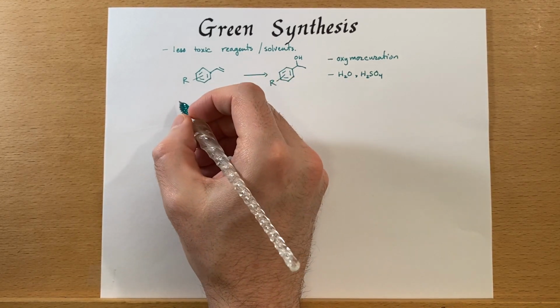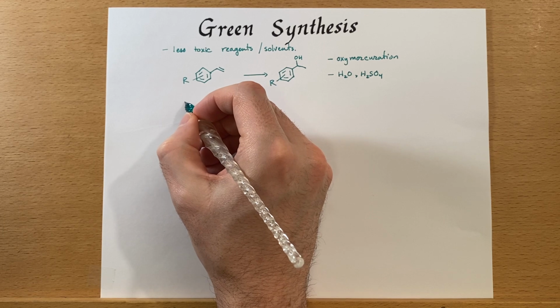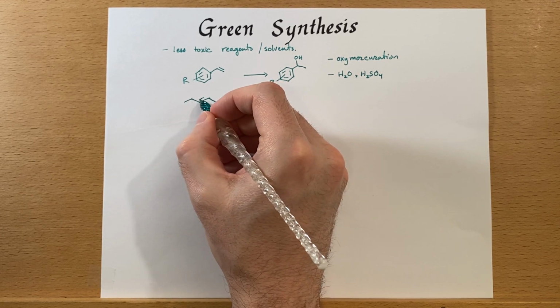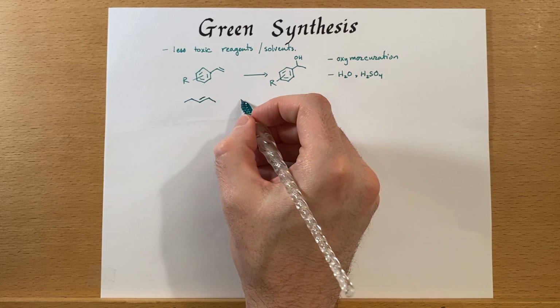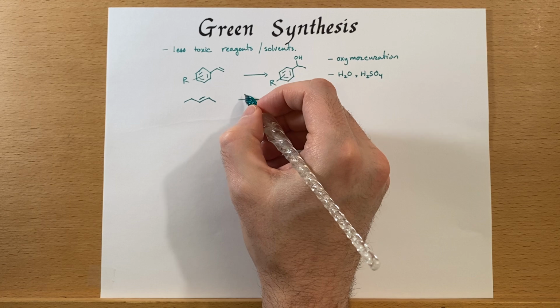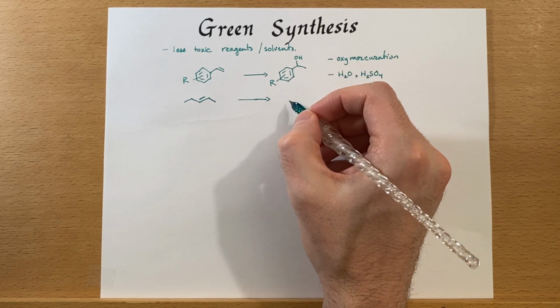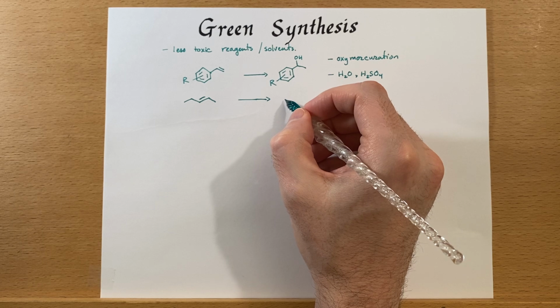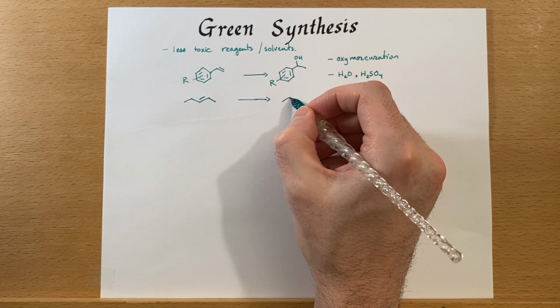Now, let's look at another example. Let's add bromine to this double bond. Now, if we do this using our standard chemistry here, we could do bromine in carbon tetrachloride.